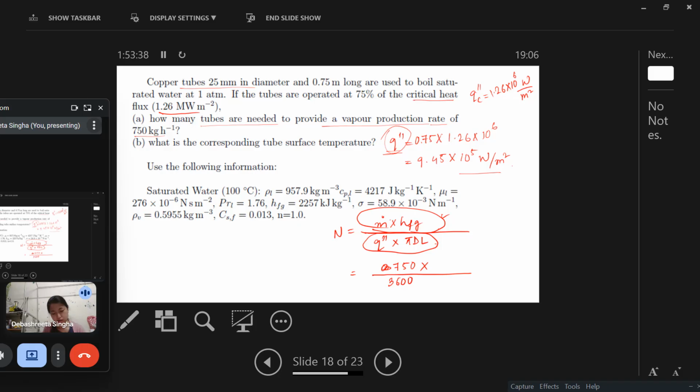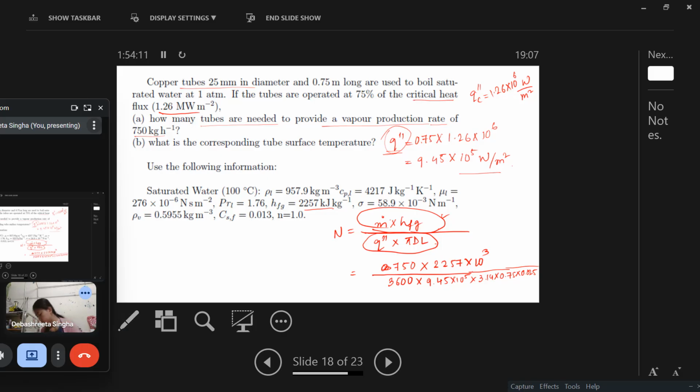Okay, then h_fg is given as 2257 times 10 cubed, divided by q double prime, which is 9.45 times 10 to the power 5, times 5, 2.14, 0.75 is the length and diameter is 0.025.